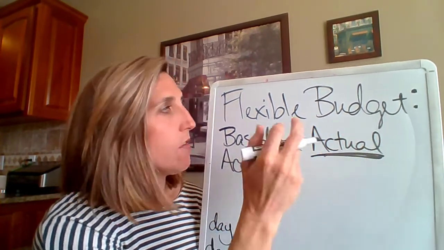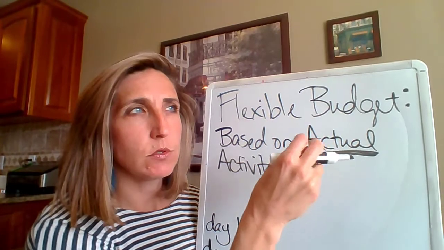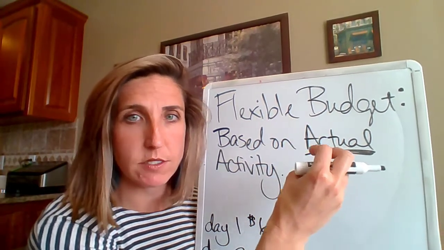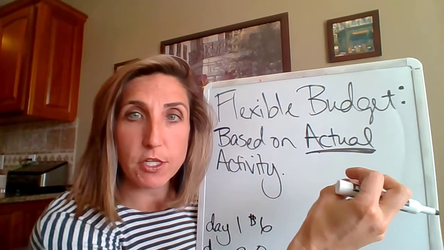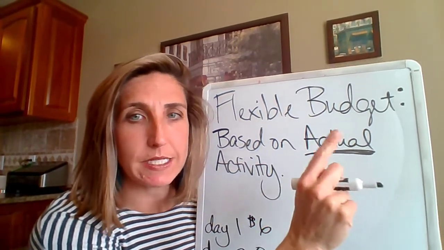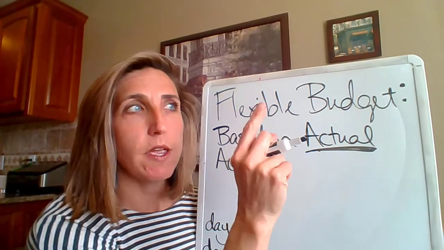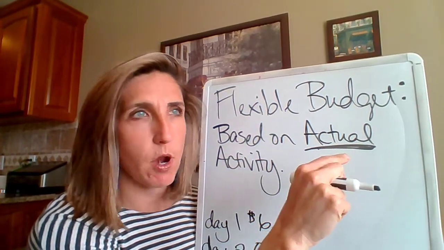So if I want to be able to see that cause, or the creation of the variance in my budget, what caused it, I have to break it down actually to a flexible budget in the middle of the process.